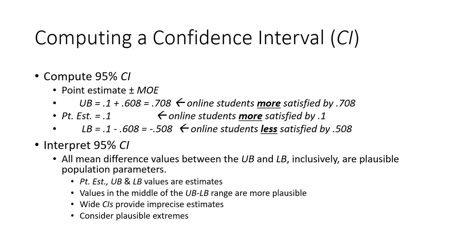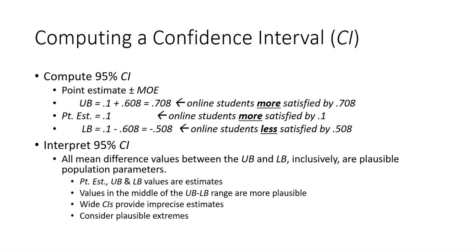We also have to compute a lower bound. For that lower bound, we simply take the point estimate, 0.1, and subtract from that the margin of error of 0.6, and we get negative 0.5. So those two values, positive 0.7 and negative 0.5, are the upper bound and lower bound, respectively, for the confidence interval.